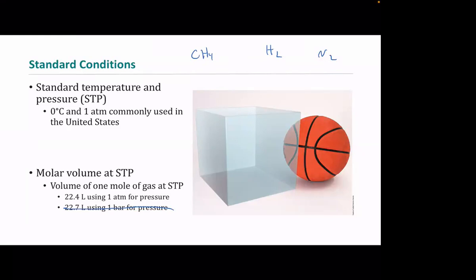Take 273 Kelvin, 1 atmosphere, and 1 mole, and use R and calculate V. That's all it is. And you'll get 22.4, right? That's all this is telling you. So once again, there's nothing in PV equals nRT that tells you the identity of the gas. So it shouldn't be surprising that it doesn't matter what the gas is.